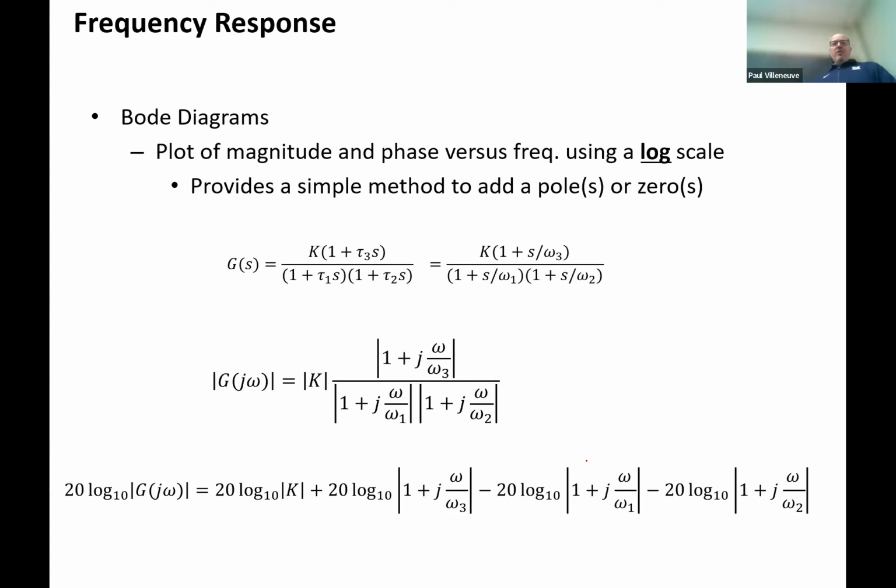So why do we do logarithmic? Well, remember when we had this over here? This is just a system with 2 poles and 1 zero. So we would have a magnitude and an angle up here, and a magnitude and an angle over here, and a magnitude and an angle over here.